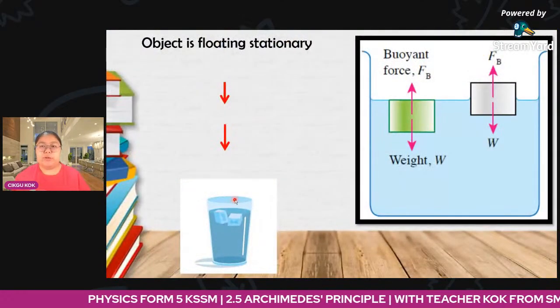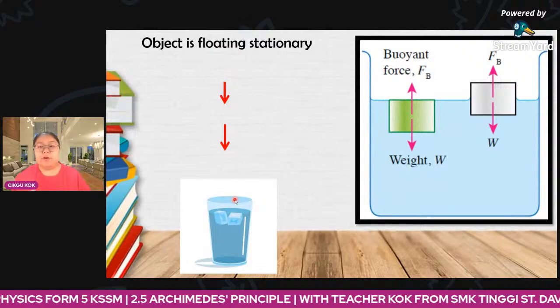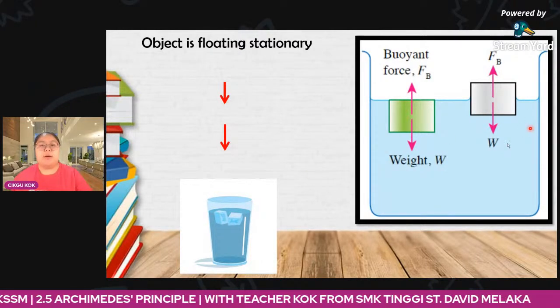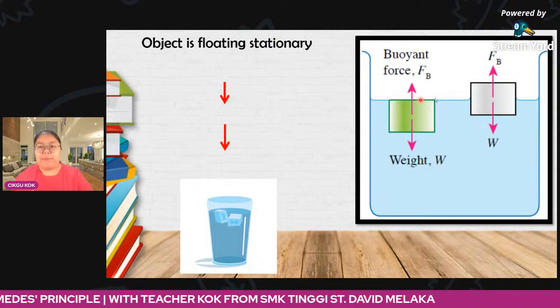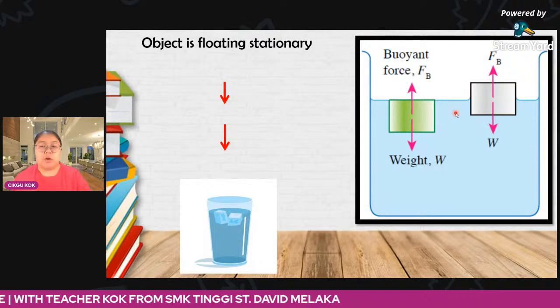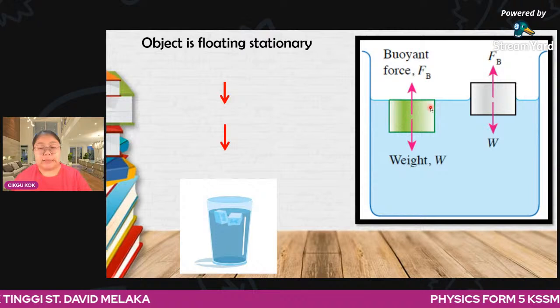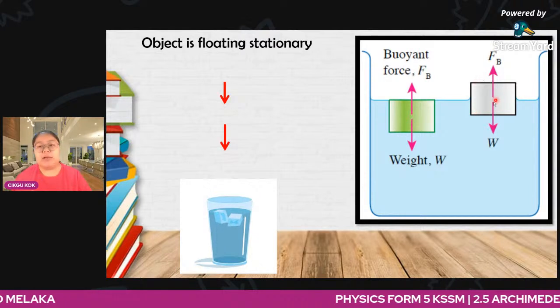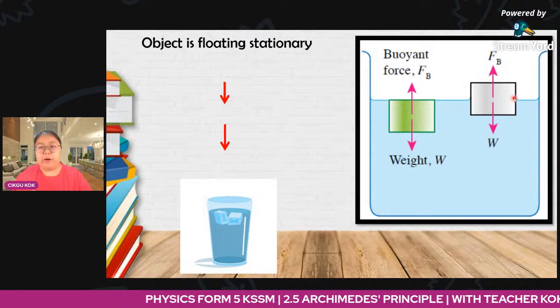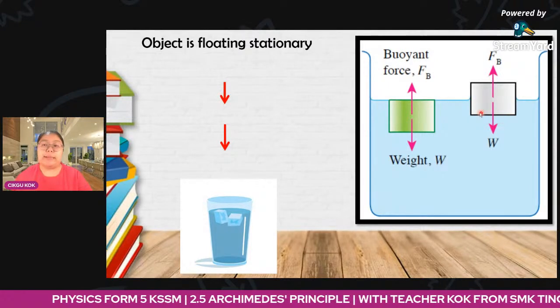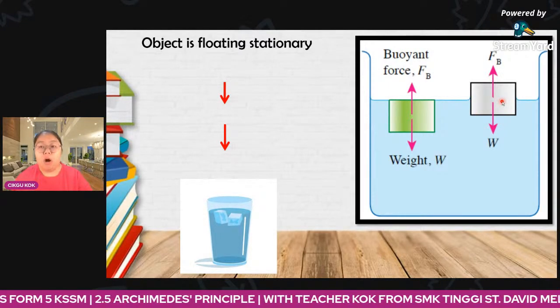We continue to see the three situations for the object floating. First, you can see this diagram. These two situations we also call floating. The first one is floating exactly at the surface. The other one is floating with half the volume of the object in the water and the other half still in the air.